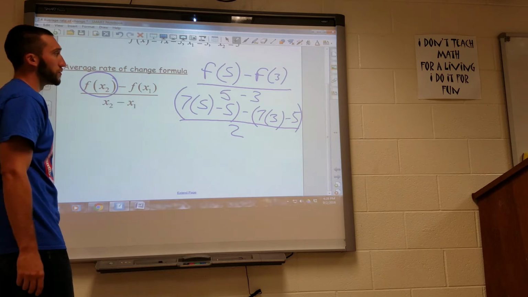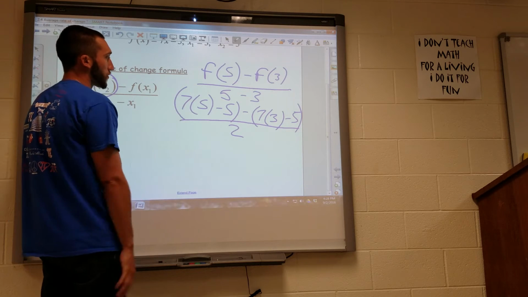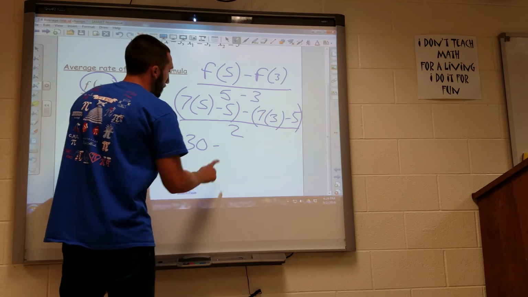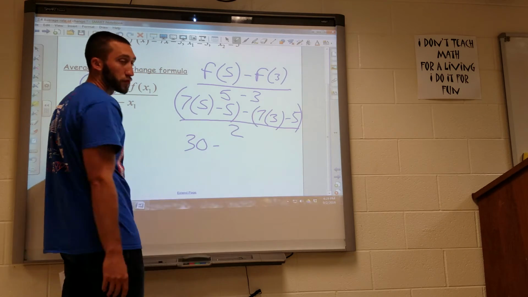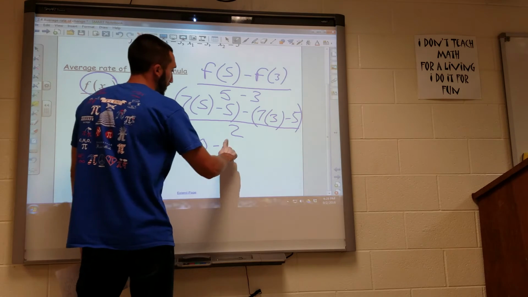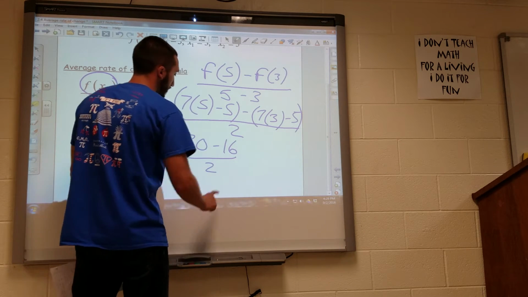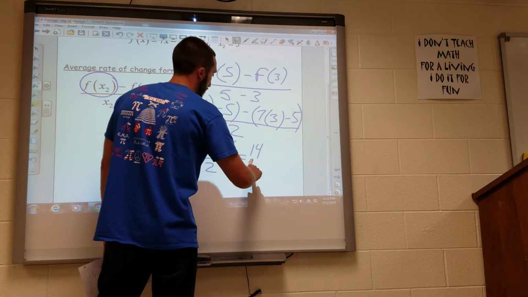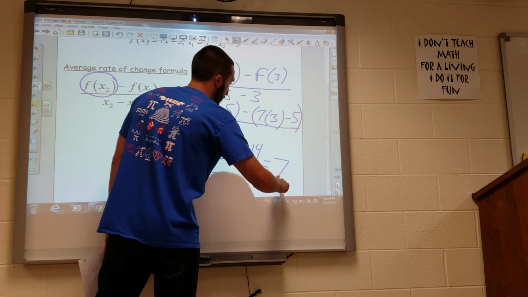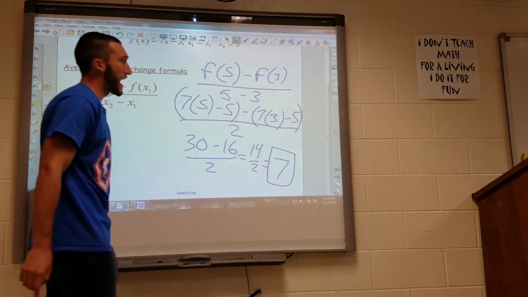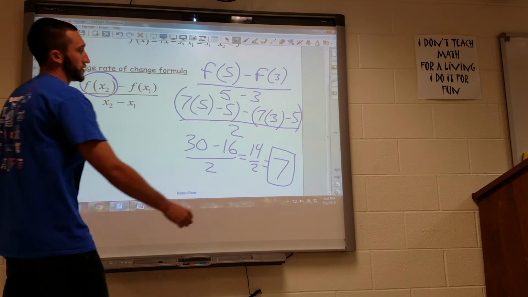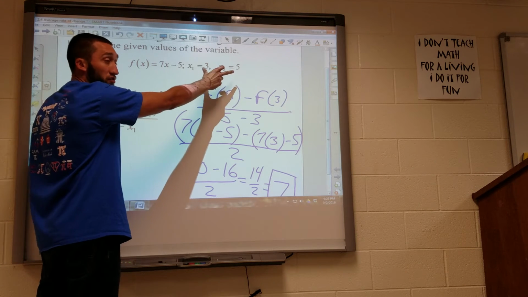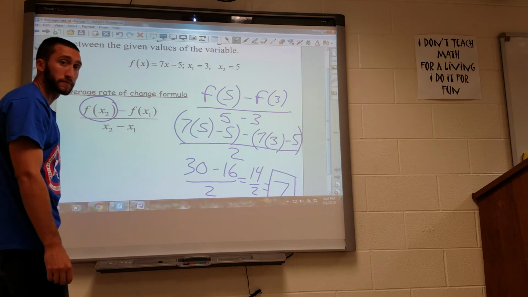Okay, so let me continue on. 7 times 5 is 35, minus 5 is 30, minus 7 times 3 is 21, minus 5 is 16, all divided by 2. So 30 minus 16 is 14, divided by 2 gives me 7. So the average rate of change for this function between these two values is 7.